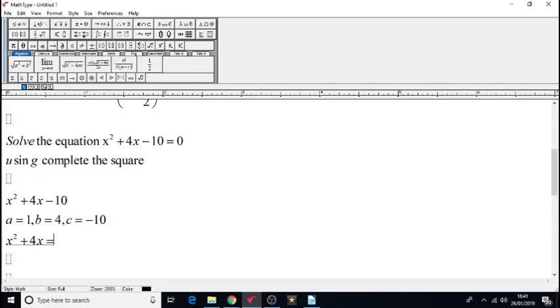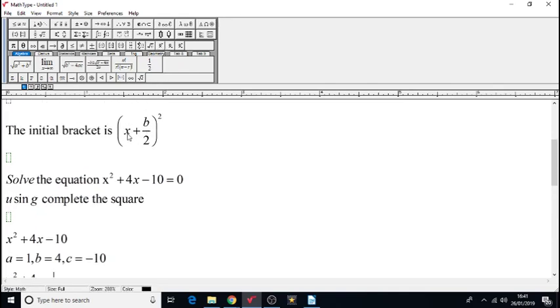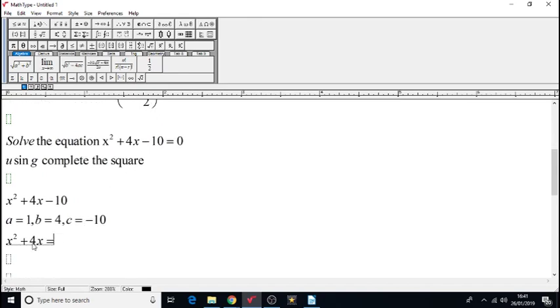So our initial bracket is in the form of x plus b over 2, squared. So we know b is 4. So therefore, we're just going to write out x plus 4, because that's equal to b, over 2, squared.